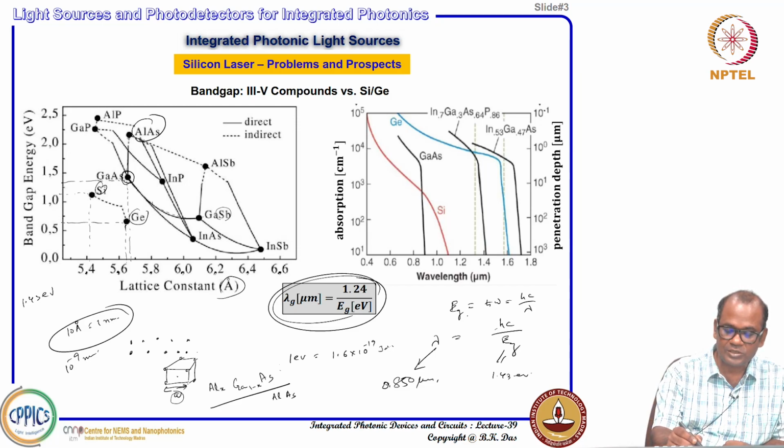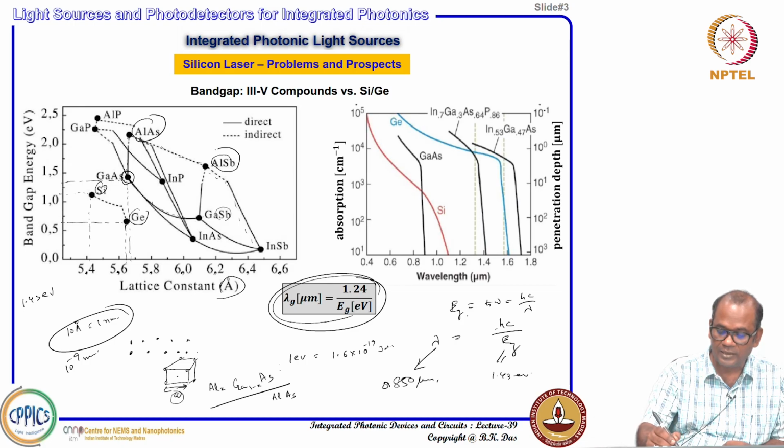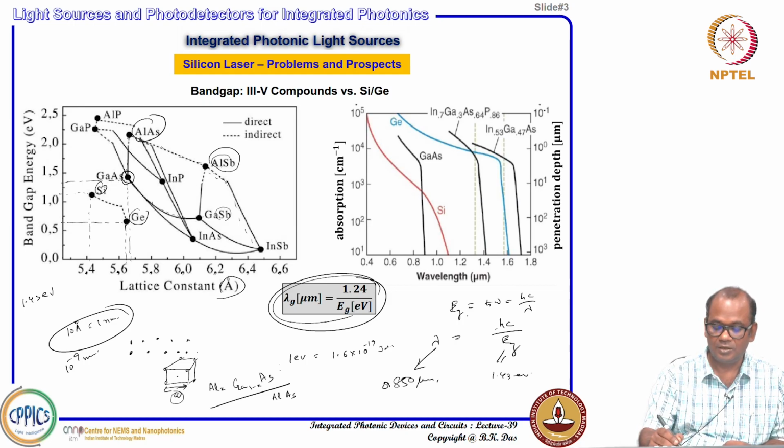some of the lines are dashed lines, and some of the lines are solid lines. For example, if I change aluminum antimonide, with aluminum slowly being replaced by indium, then the lattice constant increases as well as the band gap reduces. Up to here it is a dashed line, and then it is shown as a solid line.